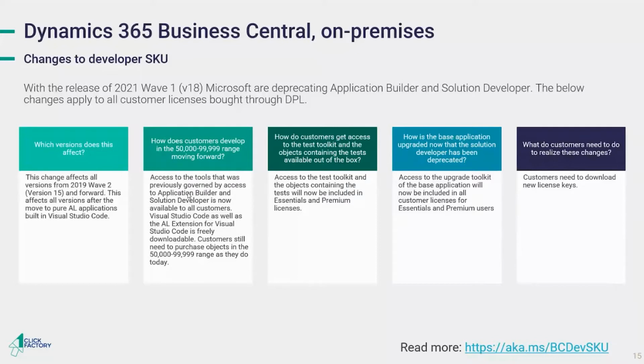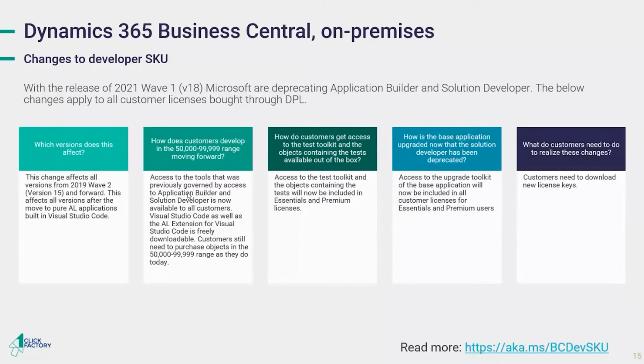And of course you can read more, because this is only a few of the most important questions, but there are even more. If you go deeper into this link, you will find even more information on what is changing and how it's changing, and how to behave in various situations according to Microsoft.